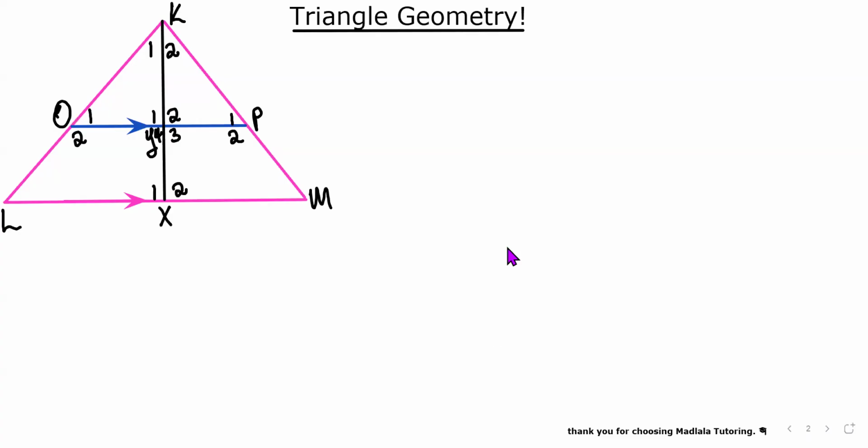Okay, so this is how the statement reads in this case. They say in this diagram, OP is parallel to LM such that the area of triangle KOP is equal to the area of the quadrilateral OPLM.